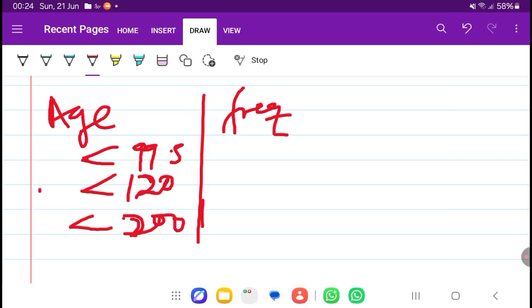Maybe this one we can say 100, maybe 120, but some values here are not specified.